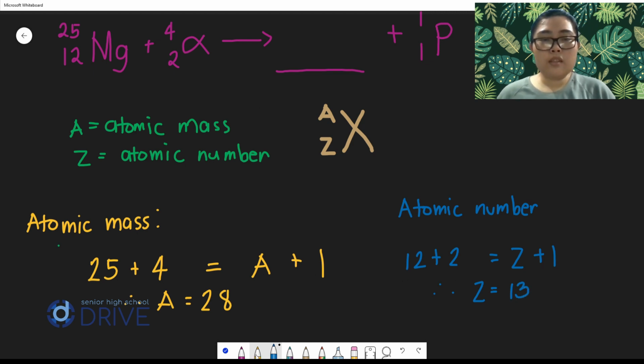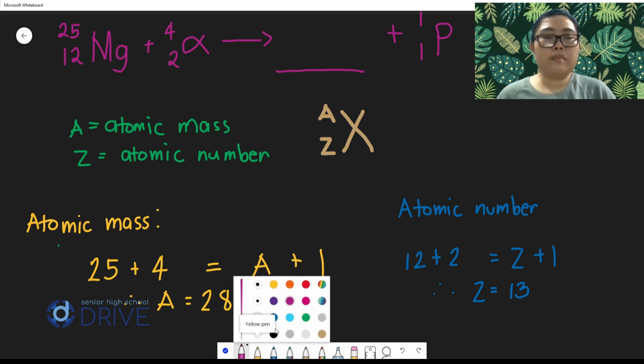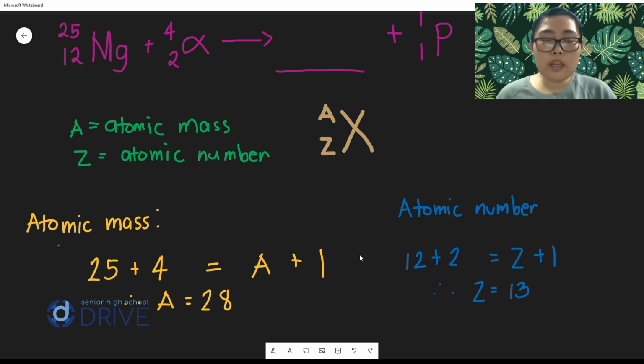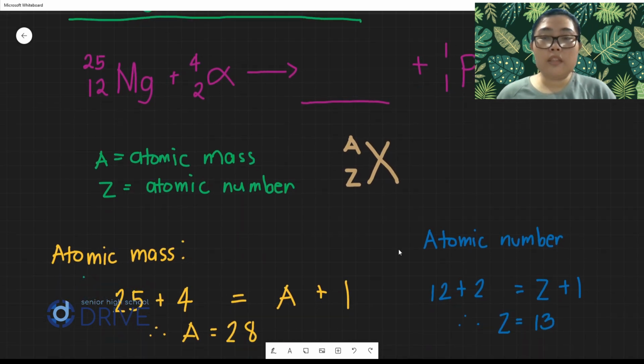So that is 13. And that's what you're going to write on the part of the product. So your A is 28 and Z is 13.